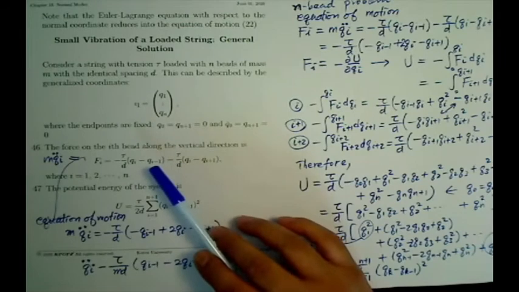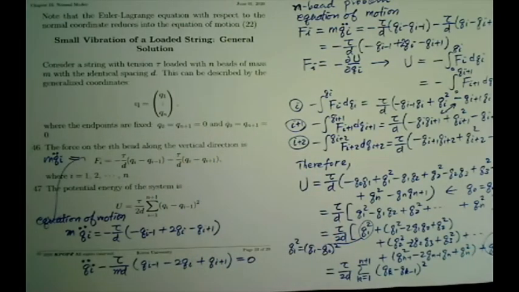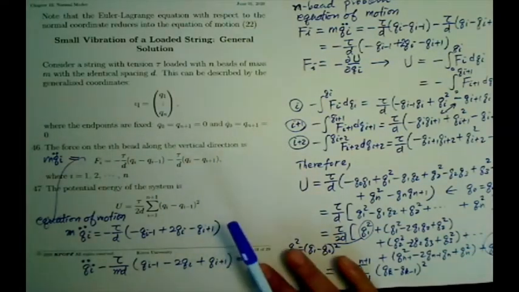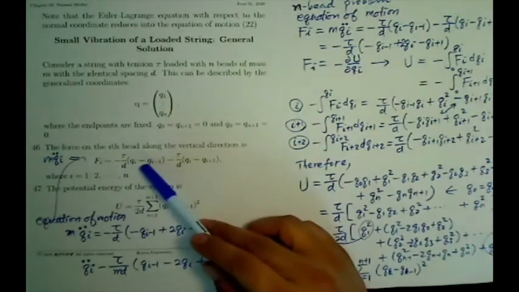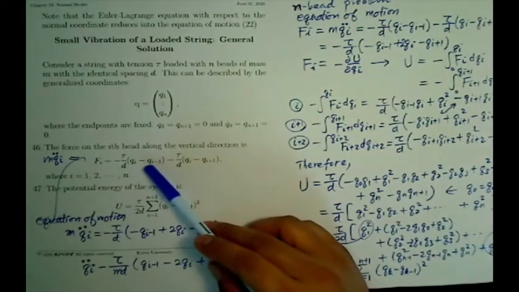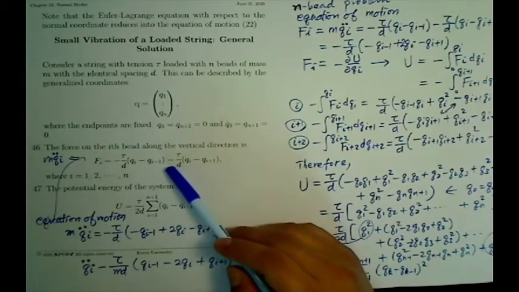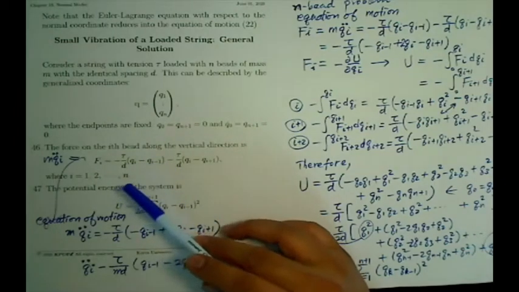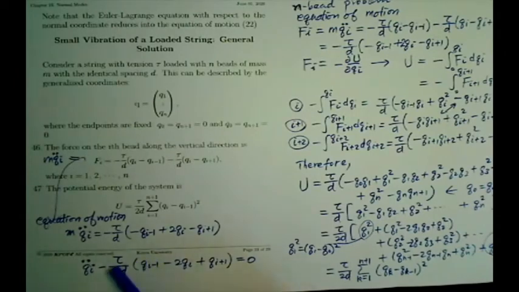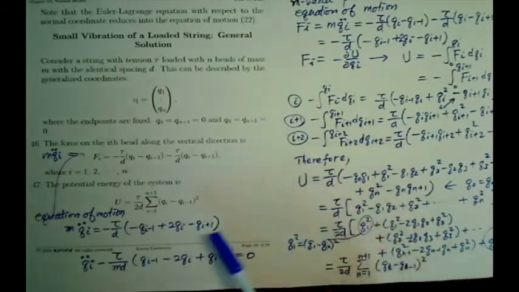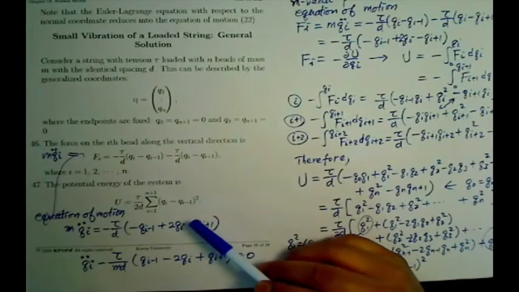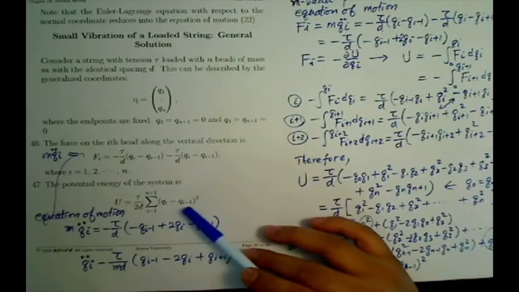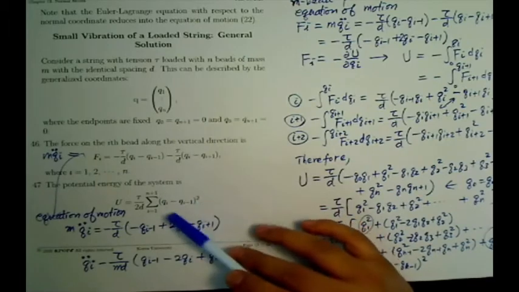Again, the equation of motion has the same structure. The ith particle has the force coming from the (i+1)th particle and the (i-1)th particle. The equation of motion has the identical form as what we have done for the two equal beads on a loaded string, and the potential energy can be written in the same manner.